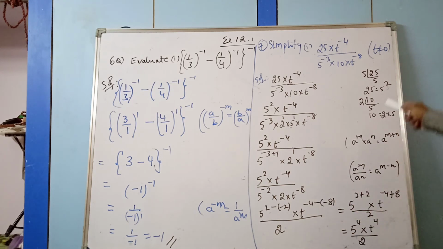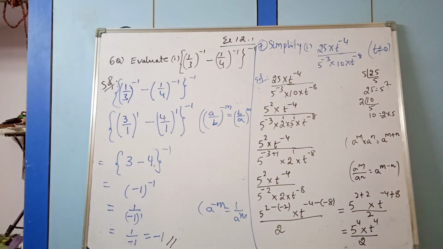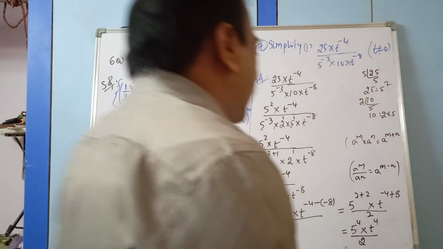See, observe the identities which we used. In one step we used a to the power m into a to the power n is equal to a to the power m plus n. In another step we used a power m divided by a power n is equal to a to the power m minus n. Wherever it is possible we are using these identities.